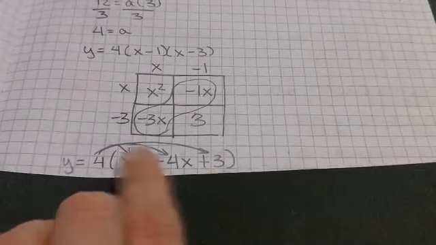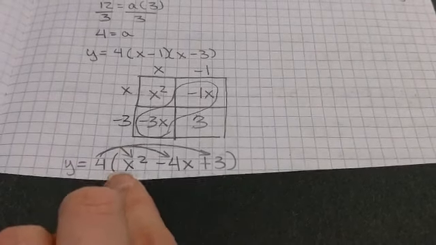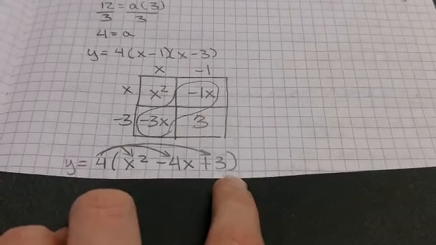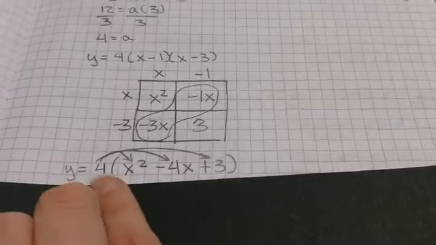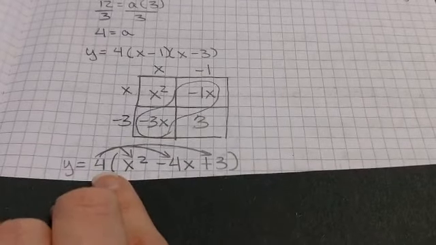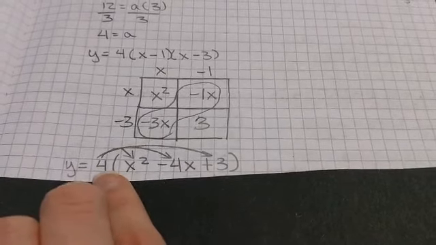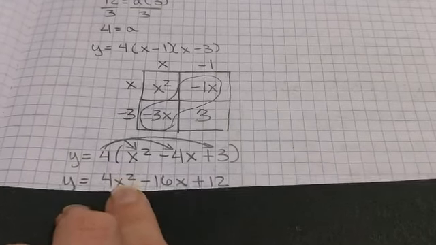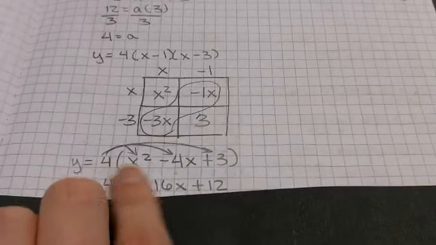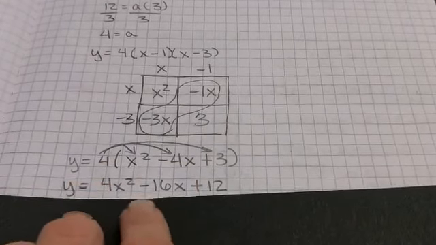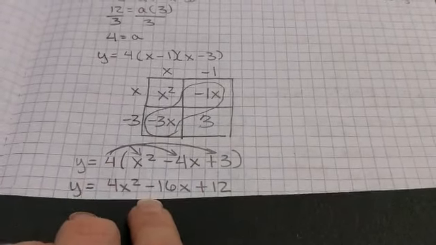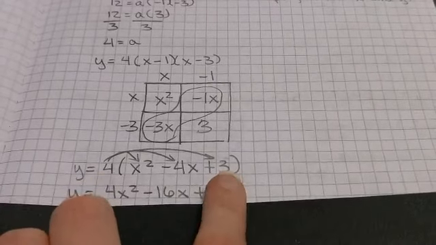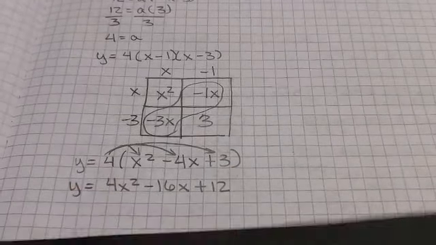Now that I have that, I need to distribute this 4 to everything inside my parentheses to get my final standard form. So we have 4 times x squared gives me 4x squared. 4 times negative 4x gives me negative 16x. And 4 times 3 gives us 12.